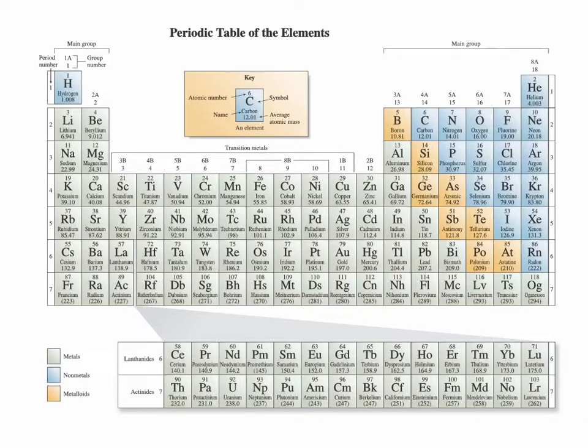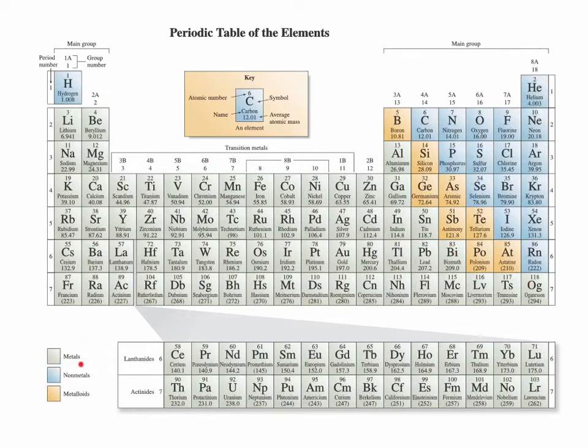Further distinction between the elements comes down to organizing the elements in terms of metals versus nonmetals. On this particular periodic table, the boxes that are a greenish gray color are the metals, and you can see the key down here in the lower left-hand corner.